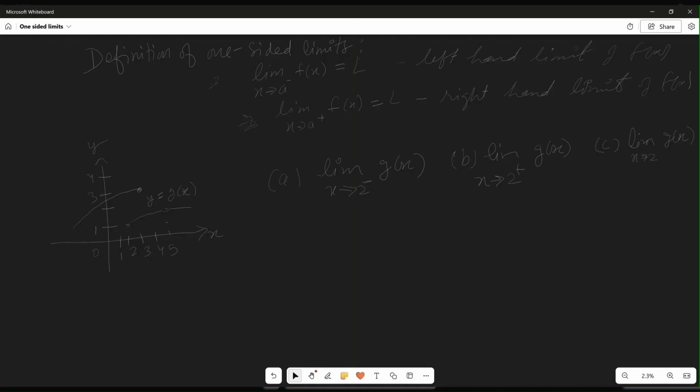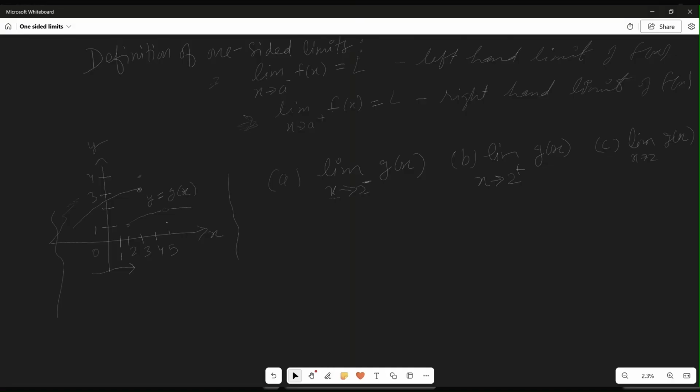As you can tell from the graph, as x tries to approach 2 from the left side, the negative sign denotes the left side, which is this side, and this is the right side of the graph. As x approaches 2 from the left side, the limit for this function is 3.